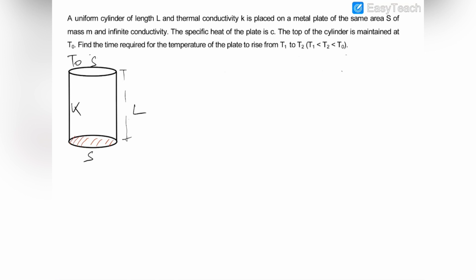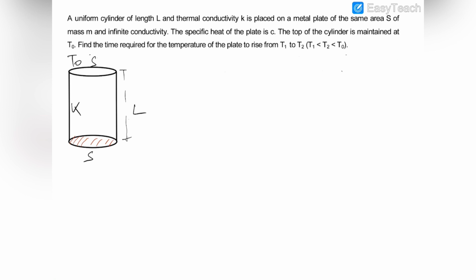In this question, you can see that there is a uniform cylinder of length L and area S. The thermal conductivity of this cylinder is K, and this cylinder is kept on a metal plate of same area S and mass M, and that plate is of infinite conductivity.